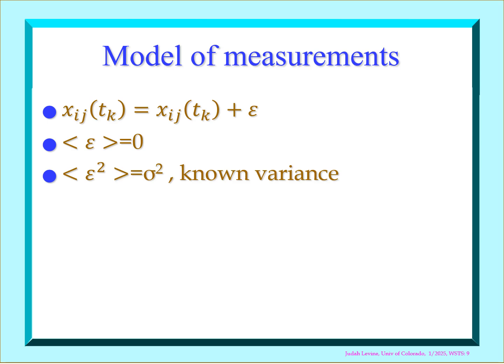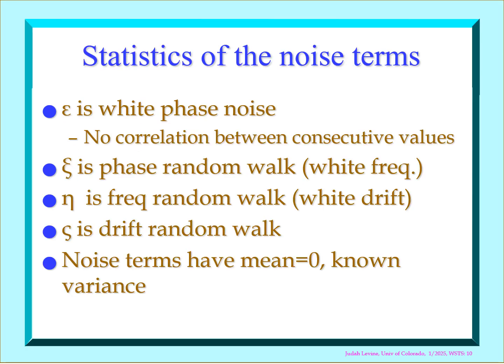The measurement noise is uncorrelated, so that the noise at each measurement has a mean of 0, so that the measurements don't have any systematic offset, but they're noisy. They have fluctuations with known variance. Now, what that means is that the noise in the measurement process is a white phase noise. It affects each one of the measurements in a way independent from the previous measurements.